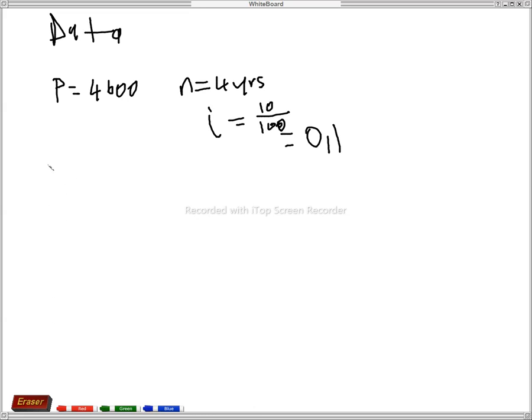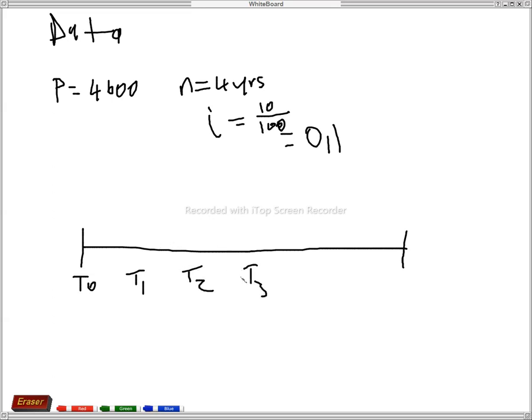Then it's going to be easy for you. So what we are going to do now is draw a timeline that is going to assist us in calculating this. We have T0, T1, T2, T3, T4.